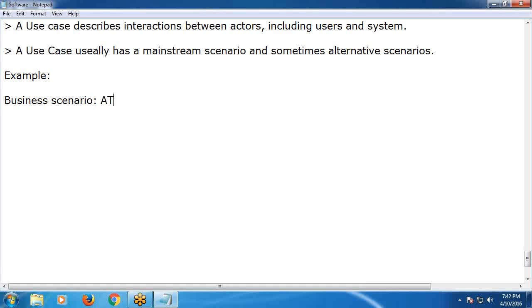ATM, automated teller machine, cash withdrawal operation.